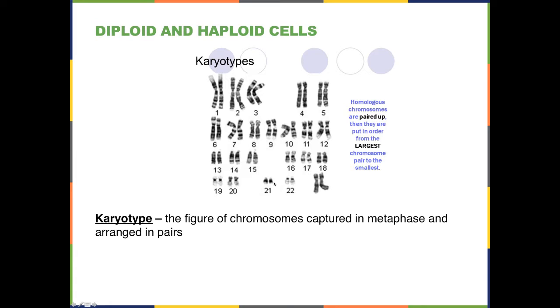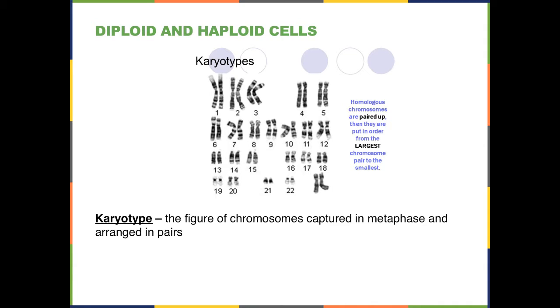Now, what I've been pointing out here, by the way, is something called a karyotype. A karyotype is when they take a cell that is in metaphase and they freeze it in metaphase, and they stain that frozen cell. When I say freeze it, I mean they stop it from changing or stop it from growing. They don't actually put it in a cold place and freeze it literally.